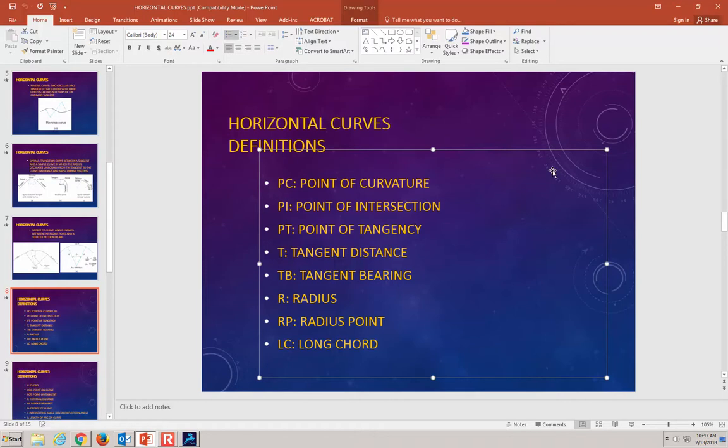And LC is the long chord. The long chord connects the PC, the point of curvature, to the PT, the point of tangency. That straight line distance between those is called the long chord.